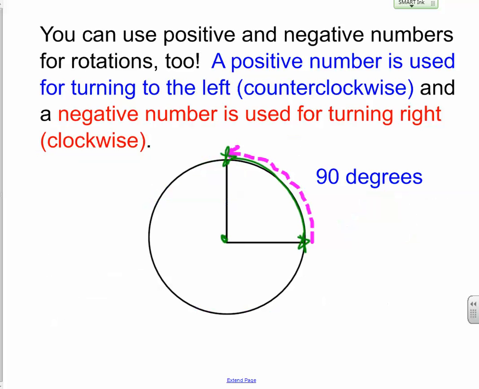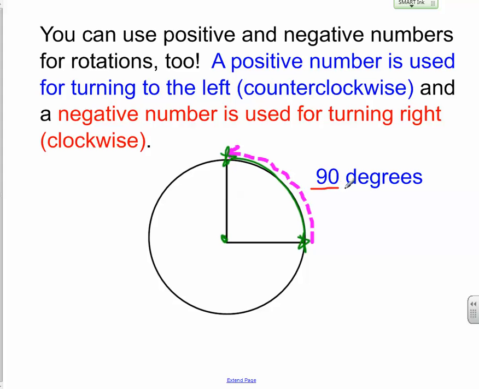Now you can also use positive and negative numbers for rotations, and a rotation is simply a turn, and a turn is just rotating something from the center of a circle. You can use a protractor to measure these degrees, and the only thing you need to know is that the direction is important. So if I'm going in the counterclockwise direction, it's a positive number.